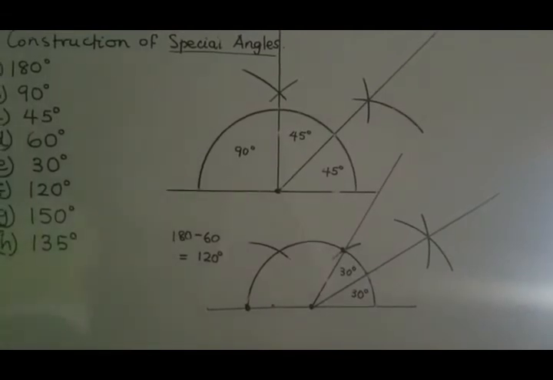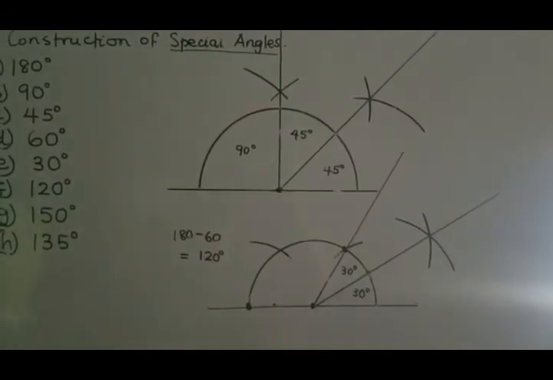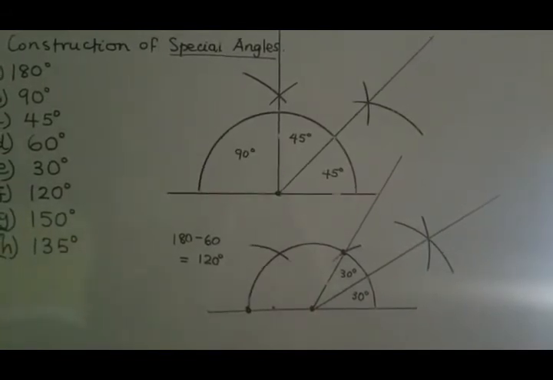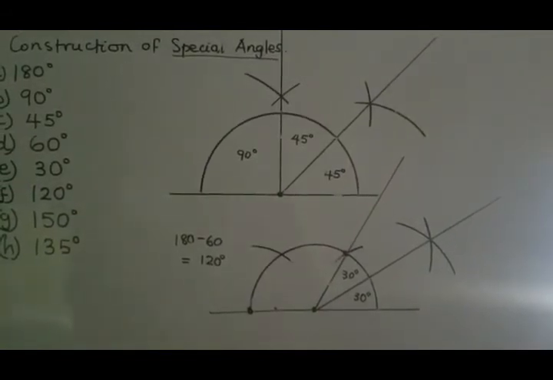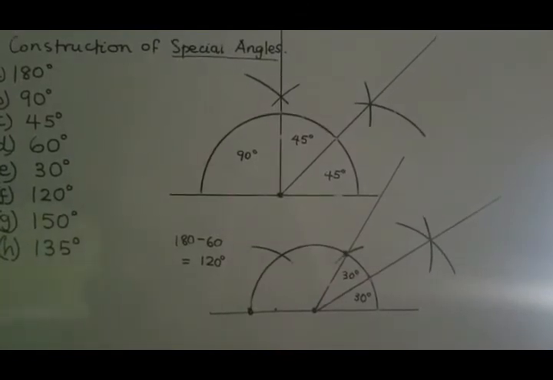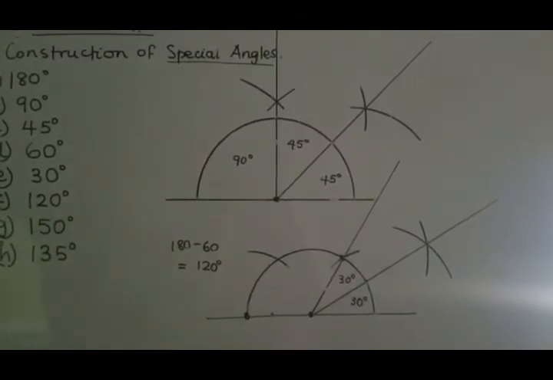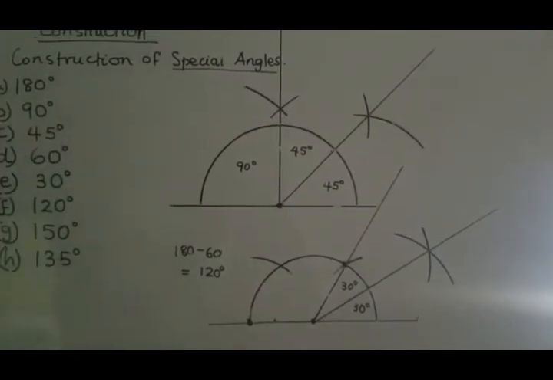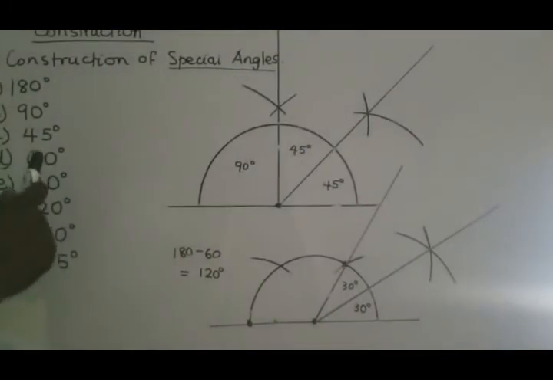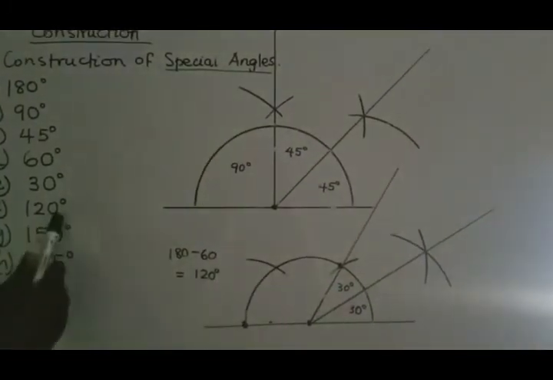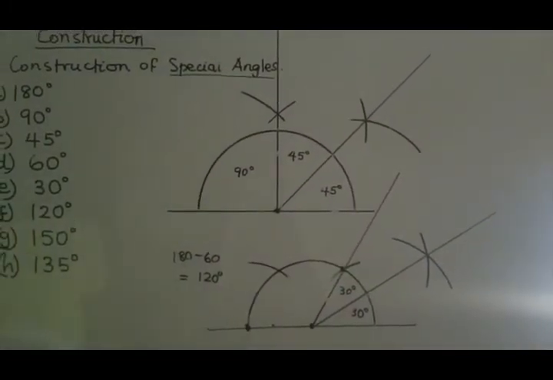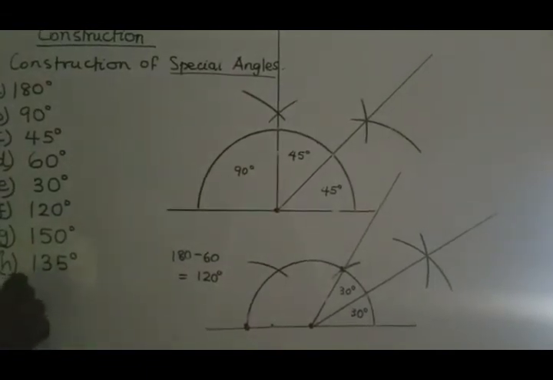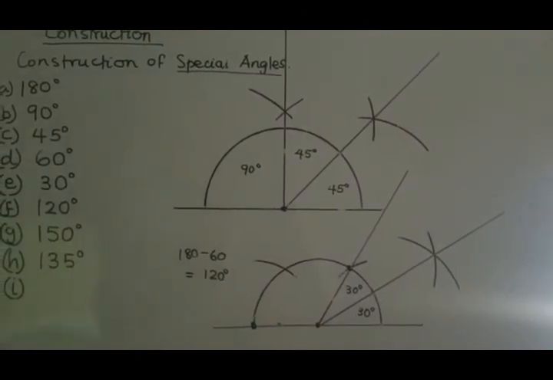So we have looked at some of the special angles, angles that we do not necessarily have to use a protractor before we can construct them. Like I said before, special angles are angles that we can construct without a protractor, and we have a list on the board: 180 degrees, 90 degrees, 45 degrees, 60 degrees, 30 degrees, 120 degrees, 150 degrees, 135 degrees, and also another one that we are going to talk about in our next class.